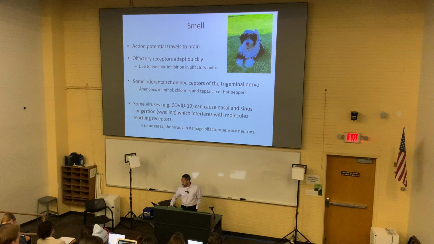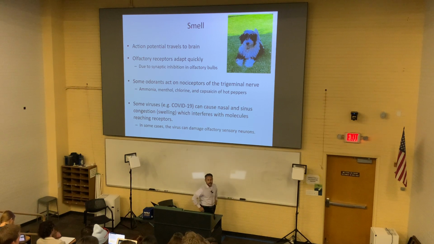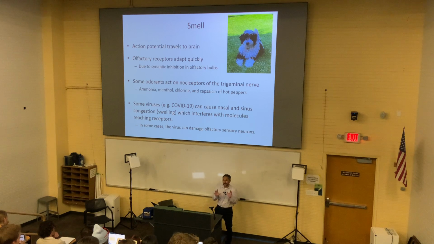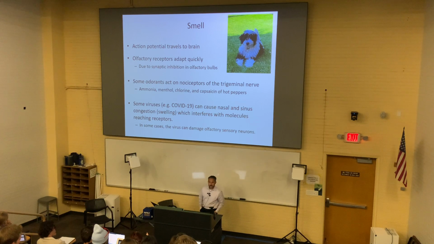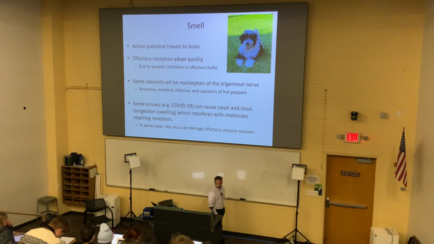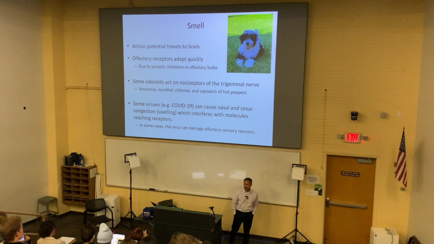Now, true to form, I promised you we would come back just a little bit to COVID, but COVID's not alone. There's a whole class of viruses that can cause nasal and sinus congestion, and they can interfere with the molecules reaching the receptors, like what we talked about.